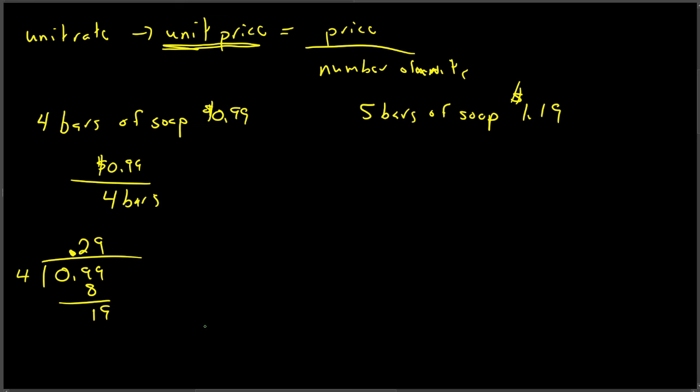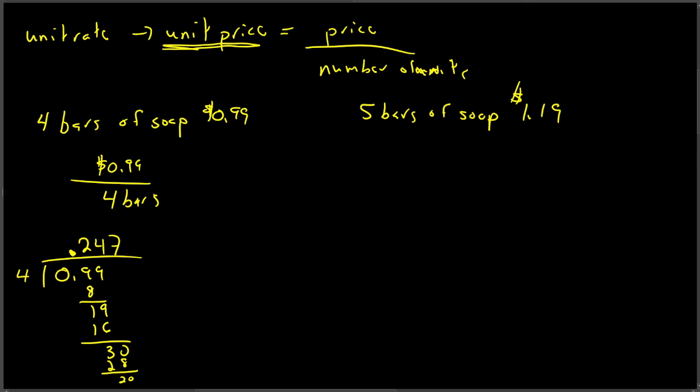Whoops. Let me double check everything I have here. Let me go back here. So 0.99 divided by 4. 4 goes into this twice. 2 times 4 is 8. 1. Bring down the 9. 4 goes into that 4 times. 4 times 4 is 16. 3, bring down an additional 0. 4 goes into that 7 times, which is 28.